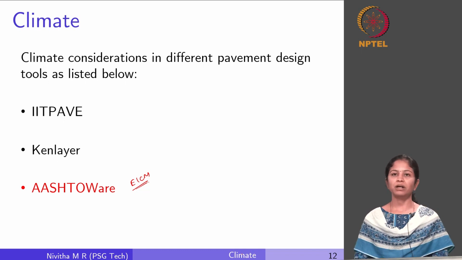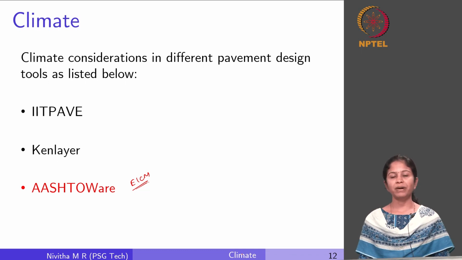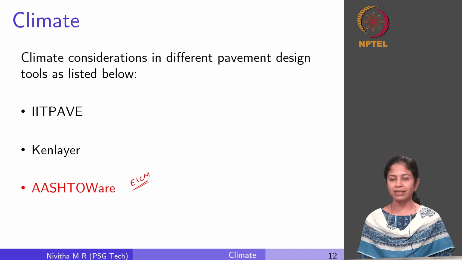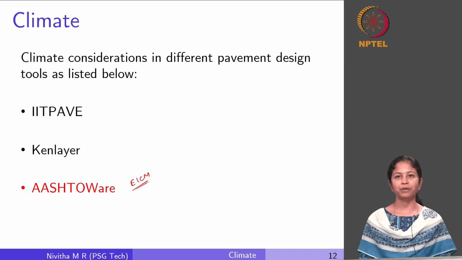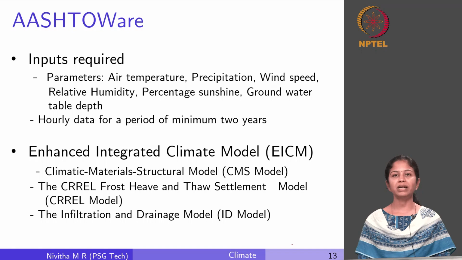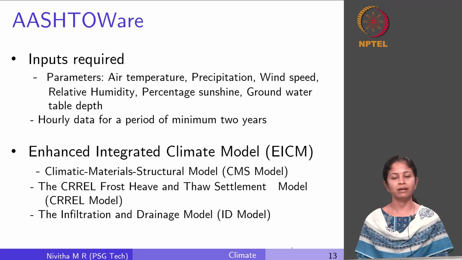Once we give certain input parameters regarding climate, the software appropriately adjusts the modulus of different layers and then uses it for design. Let us see how these values are input in the software and what outputs we get from the EICM. For the inputs, there is a separate climate database that we have to enter, right.